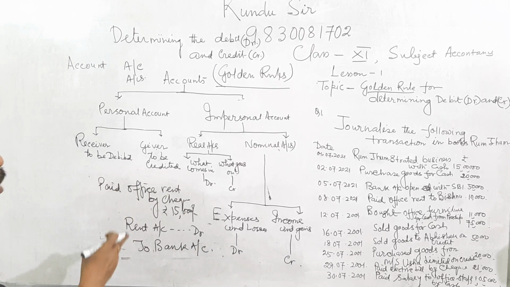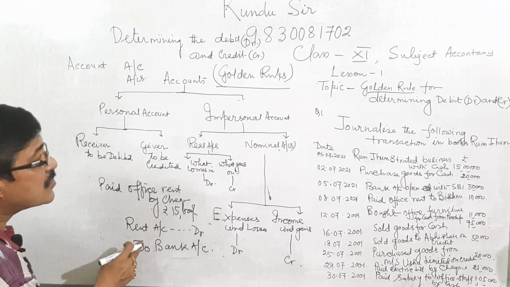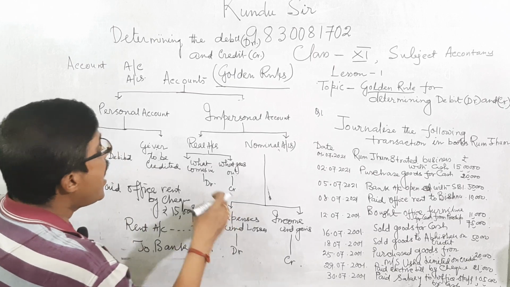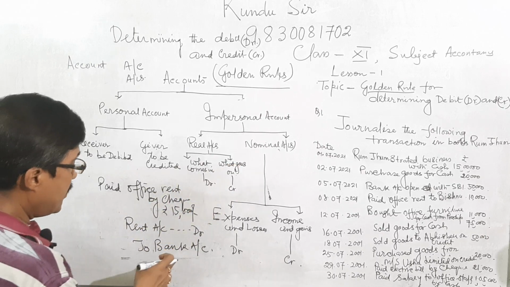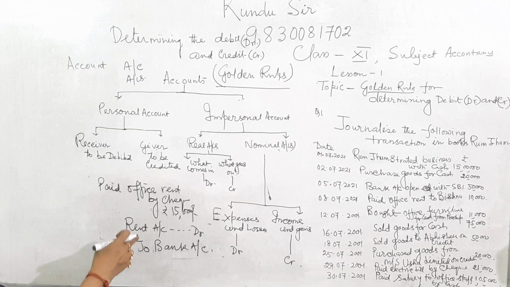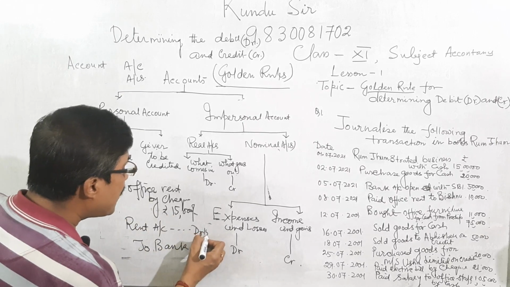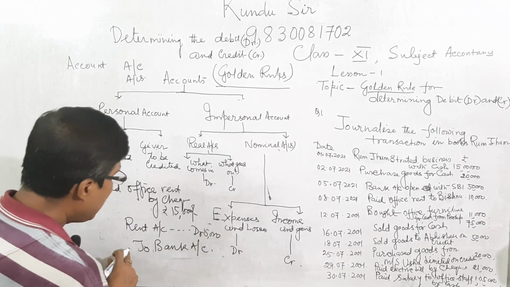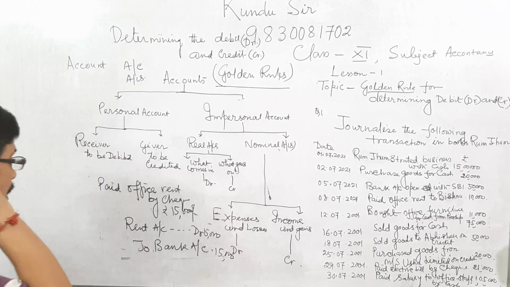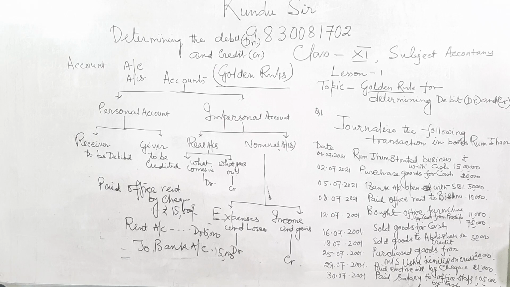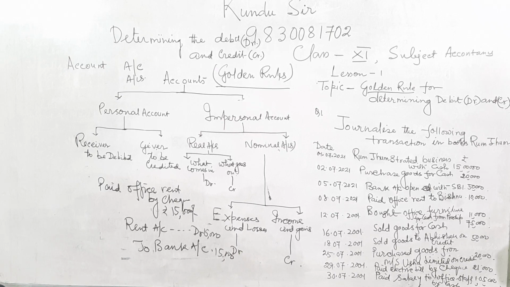The rent account is debited, it is an expense. And our bank balance goes down or reduces, so under the golden rule it is to be credited. So rent account debit 15,000 and bank 15,000 credit. That is, rent account debit to bank account.